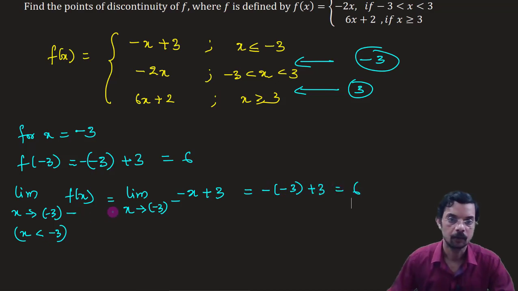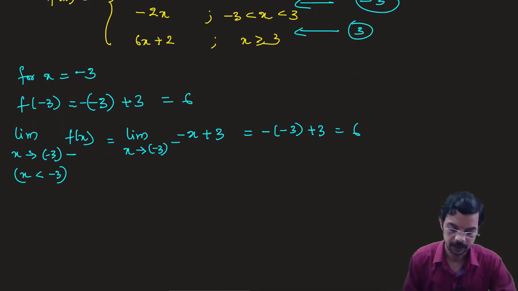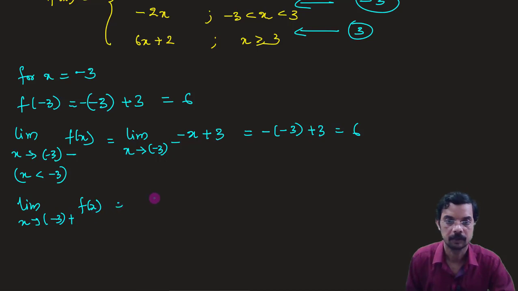Now, for the right hand limit we consider limit x tends to minus 3 from the right, f of x. What is the function defined as? It is defined as minus of 2x.